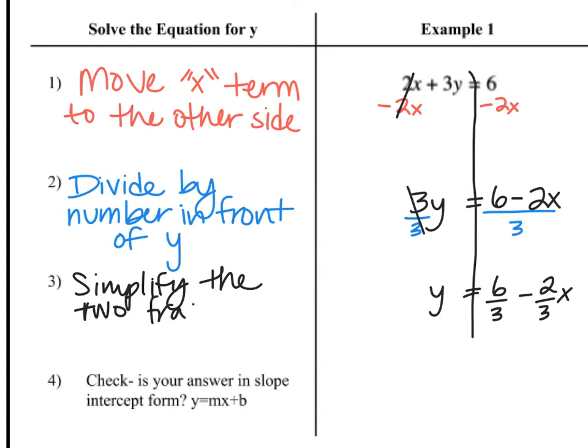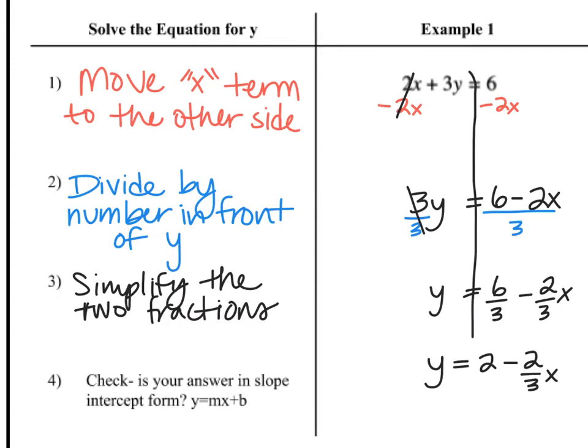We split that apart into 2 fractions and simplify them. So 6 divided by 3, we're not going to leave it like that because 6 divided by 3 is 2. So I'm going to instead write 2 minus 2/3 x. 2/3 can't get any smaller.